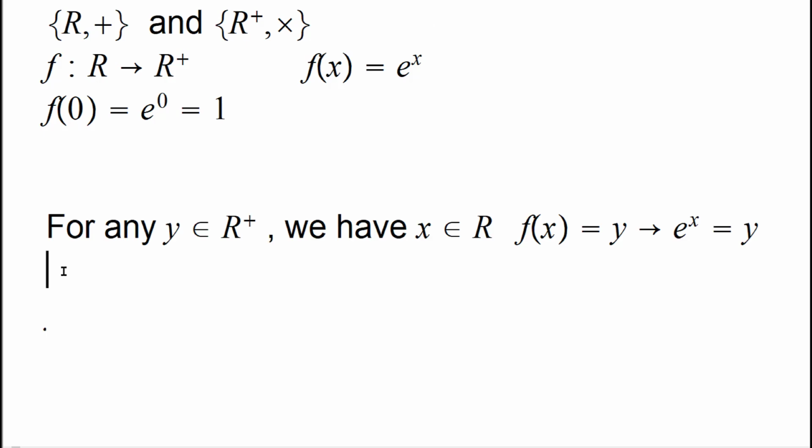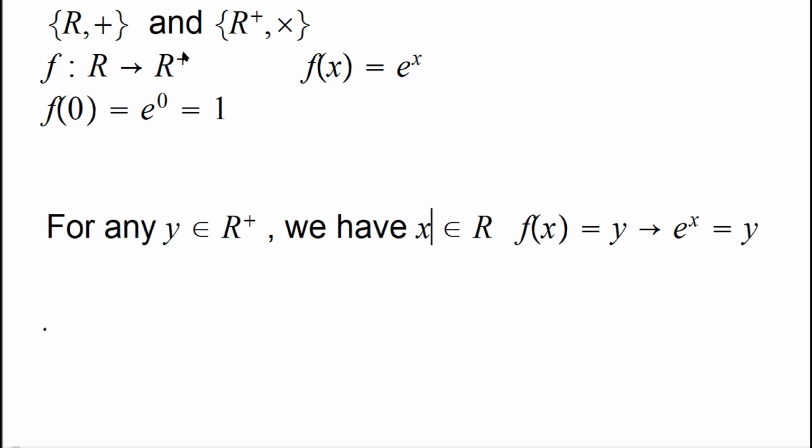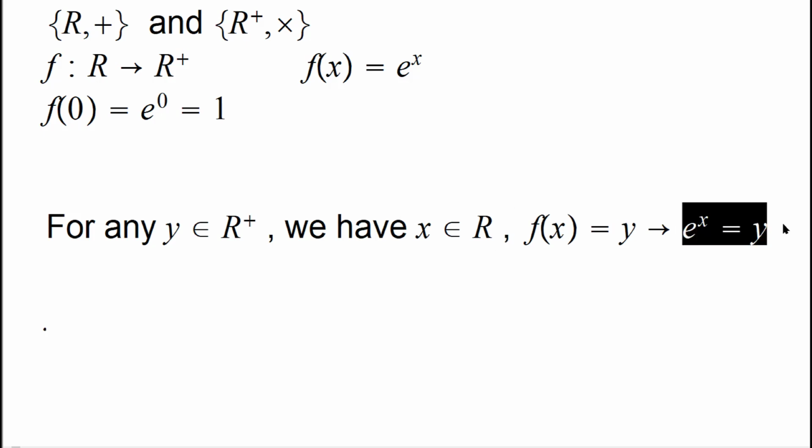Now, for the preservation of the inverse, if we take any positive real number y, since this is a bijective map, we have an x such that f of x is y, which by definition means e to the x is y.